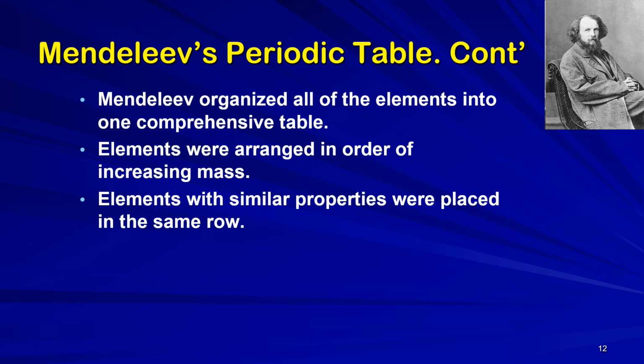It is the same for group 7: chlorine comes in the same group as fluorine and bromine. So that was the original periodic law: when you arrange them in increasing mass, you find a regular pattern of properties. Elements which have similar properties come at regular intervals, and for that reason they are placed in the same group.